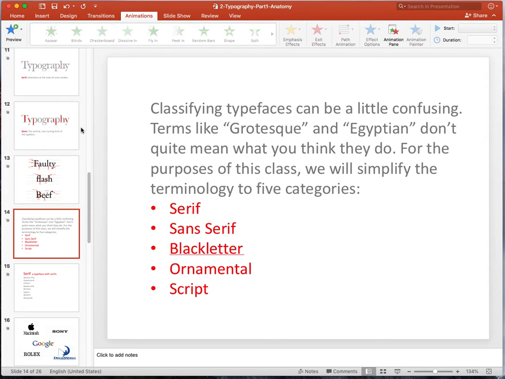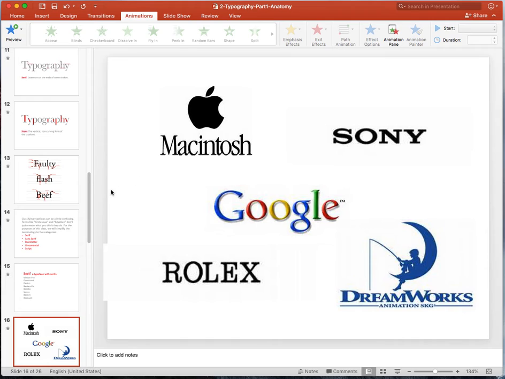For the purposes of this class, we're going to only use five categories: serif, sans serif, which we've already discussed, black letter, which we discussed in the last lecture, what was first created when they started printing with the printing press, and ornamental, which we haven't talked about yet, and script.